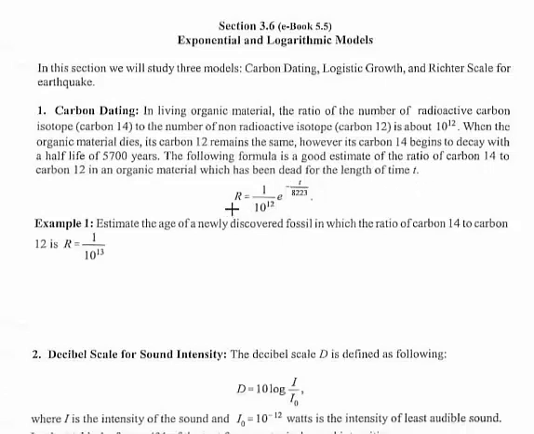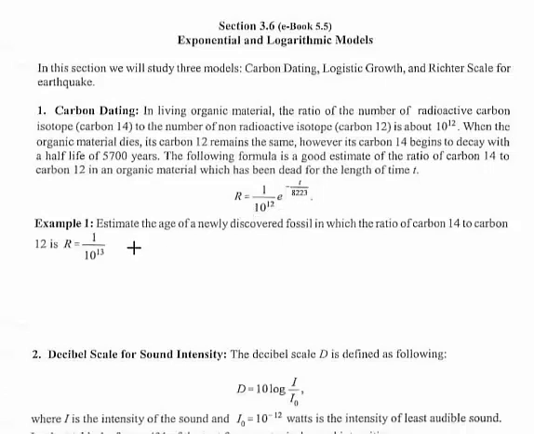Alright, we're given a formula where R is the amount of carbon-14 left, and we can calculate the amount remaining based off of an exponential function, with t being the amount of time the organism has been dead.